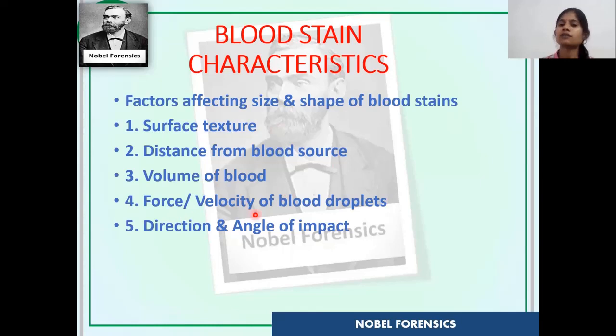Then force applied, like low force, medium force or high force. Then direction and angle of impact, which also influence the blood stains. And the angle is calculated from the blood stain using the formula. So these are all the different factors which influence blood stain designs or blood stain patterns.